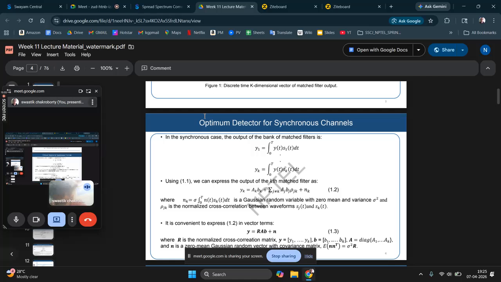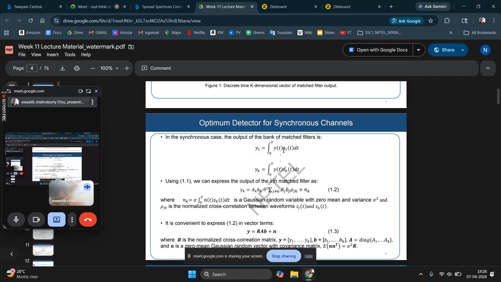Once you do that, you will get y1, which is the correlated output of the received and the original waveform of user one.